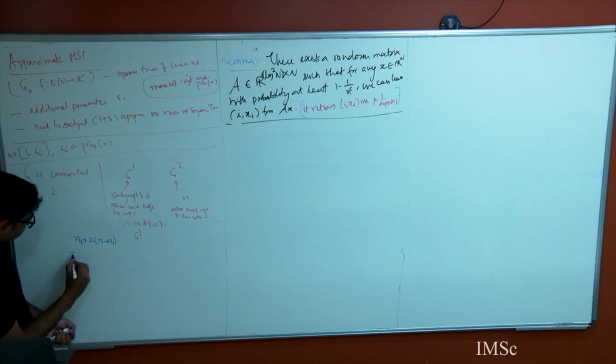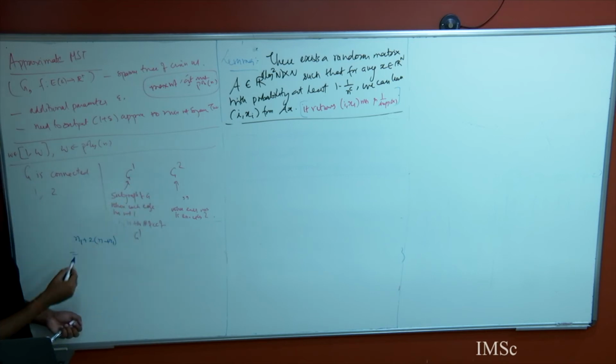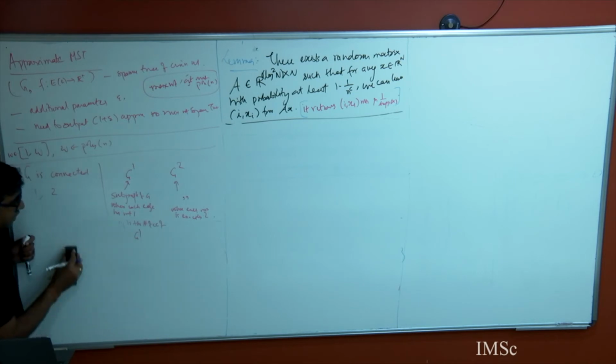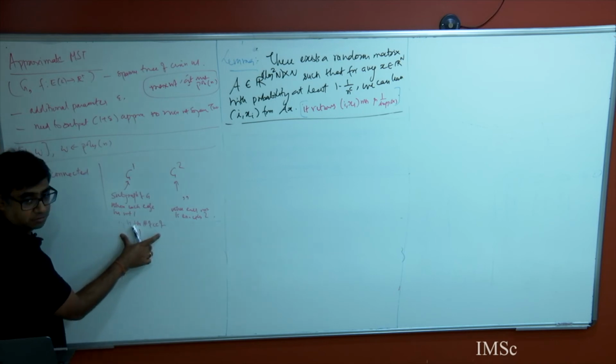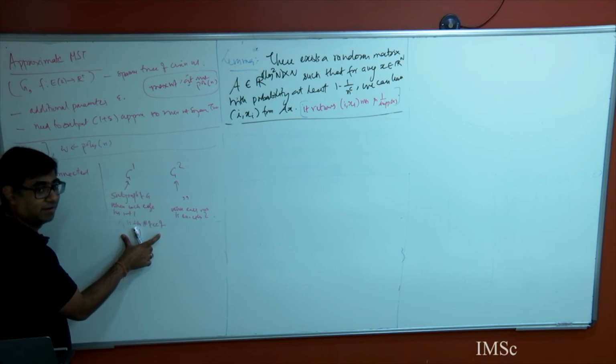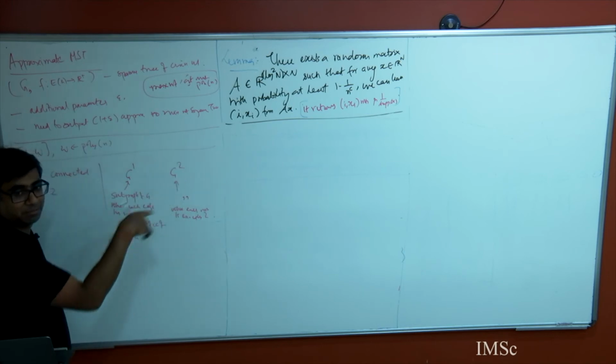So what is the weight of this exactly equal to? N1 is the number of connected components of G1. Wait. I'm being stupid. Look, no, wait. So if n1 is the number of connected components of G1, then we need n1 minus 1 edges of weight 2 to connect them up.